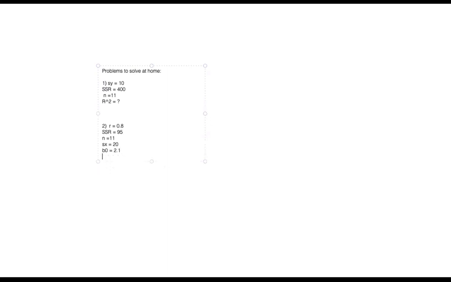I want you to write the regression line, the equation for the best fit line, filling in the B naught and B1 values. We know that it is yi is equal to B naught plus B1 times xi.